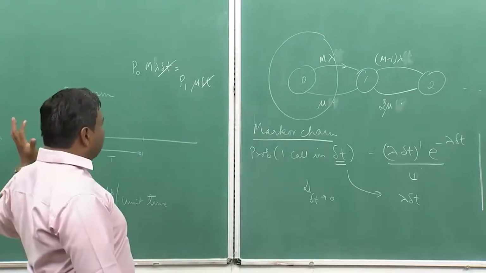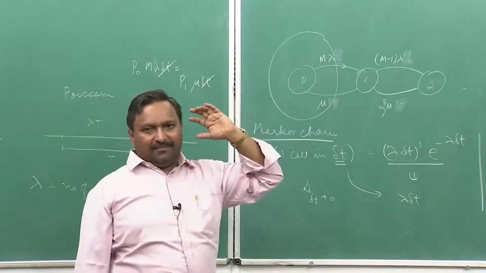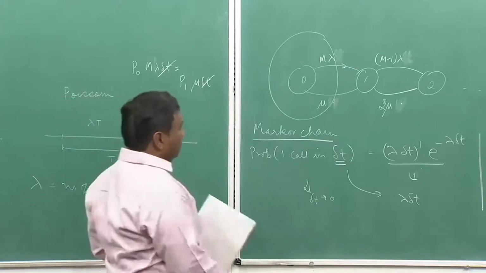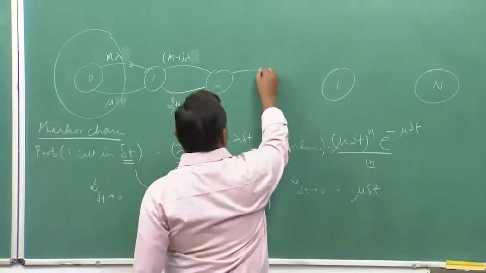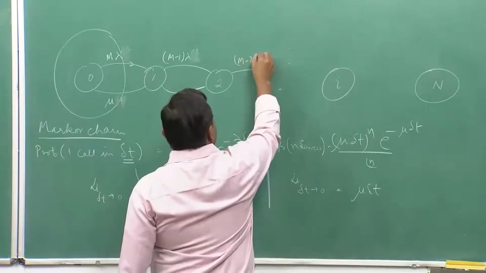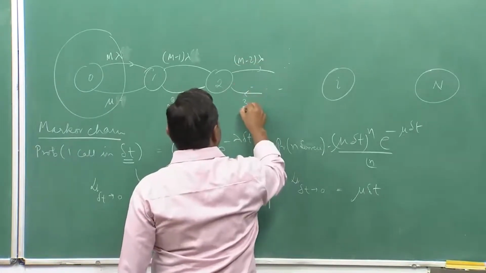So how will this whole chain look? The chain will now go from here m minus 2 lambda, 3 mu.